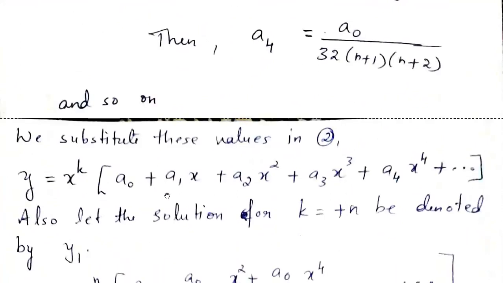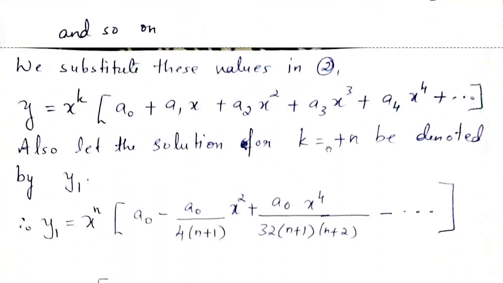So now we substitute all these values in equation 2. In equation 2, x power k is a common term. Taking x power k out, we get y equal to x power k into (a naught plus a1 x plus a2 x square plus a3 x cube plus a4 x power 4 and so on).